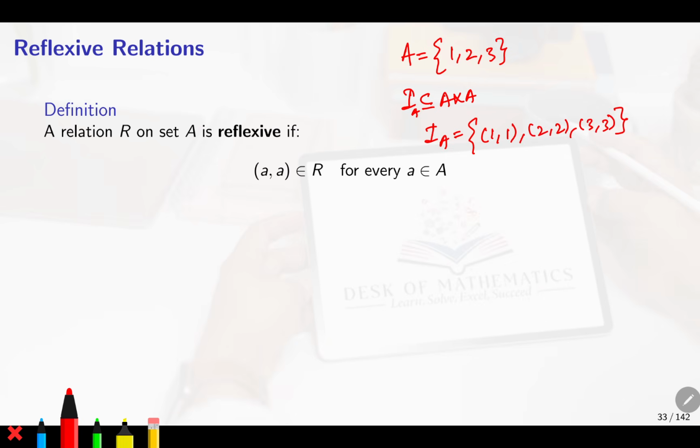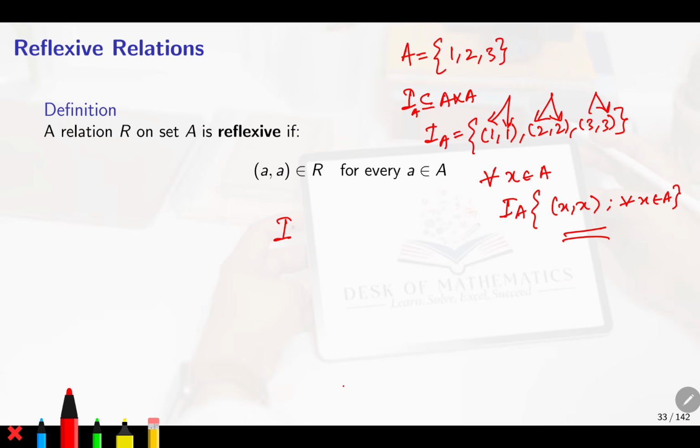So no element should be missing, and the relation should contain only these pairs. That means for all elements x of A, x is related to x. This is called the identity relation.